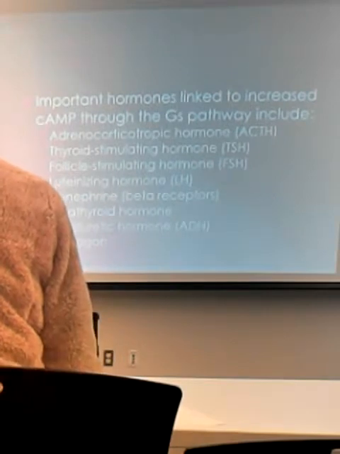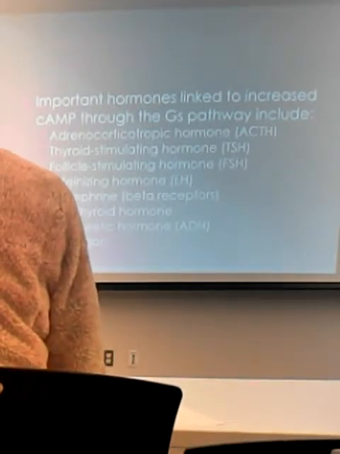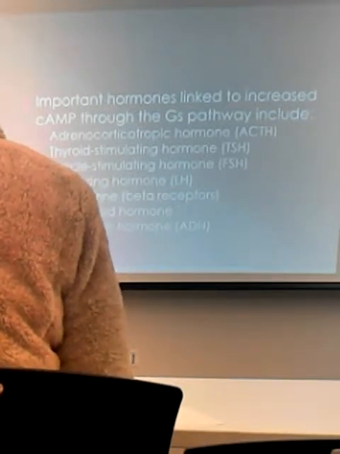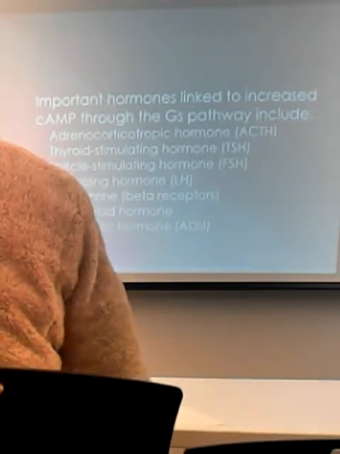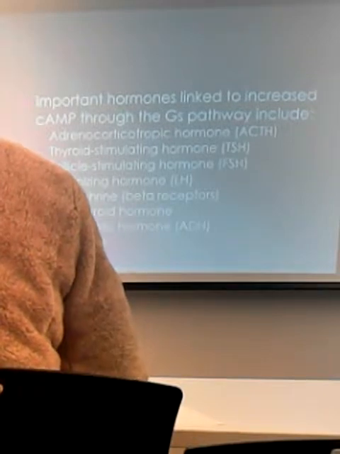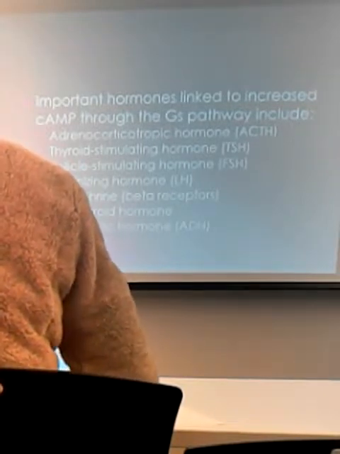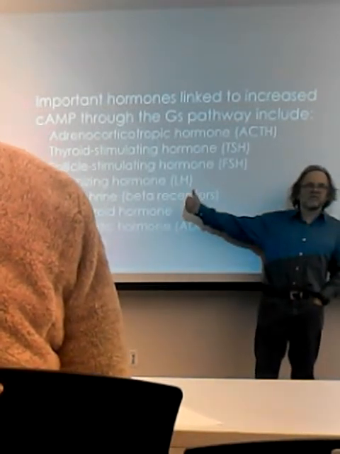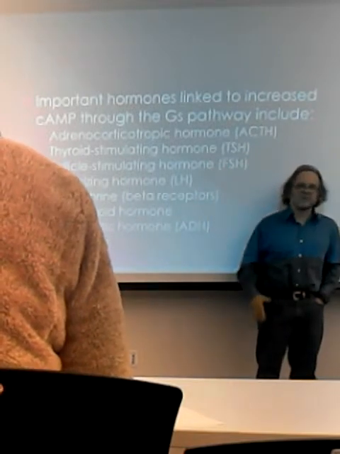So, which hormones do this? Well, there's a list. I'm not going to read the list to you. You have to know every one of those hormones. Bottom line is, you already know most of them. ACTH, TSH, FSH, LH, those are four of the hormones in the anterior pituitary.